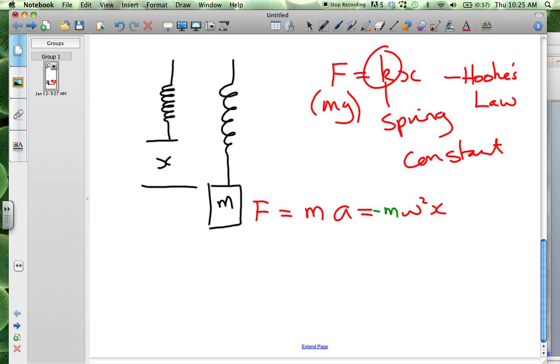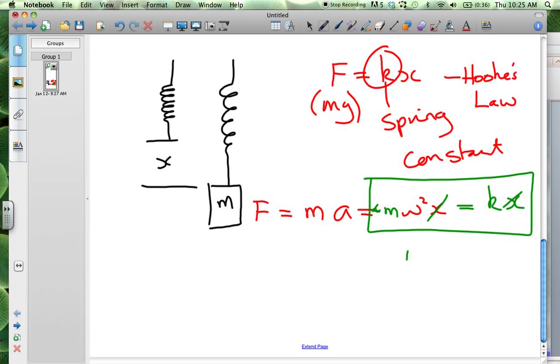And if I'm dealing with a spring, that's equal to kx. So when looking at this equation, not worrying too much about the negative sign, because the negative is just showing direction, and I cancel out my x's, I see that omega squared is equal to k over m, or omega is equal to the square root of k over m.